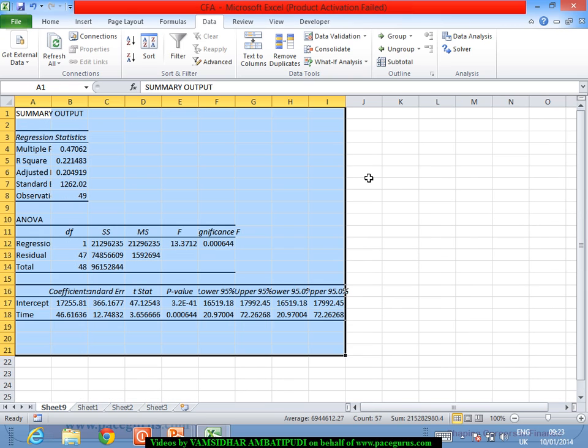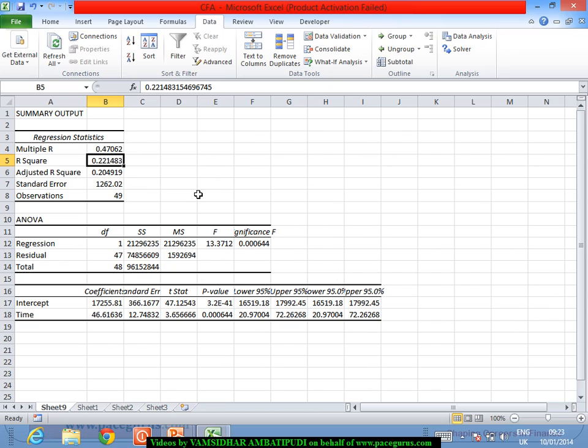Alright, so when I say okay to this linear trend model, let's see what is happening. The R squared is 0.22, the intercept is 17,255 and the coefficient of time is 46.